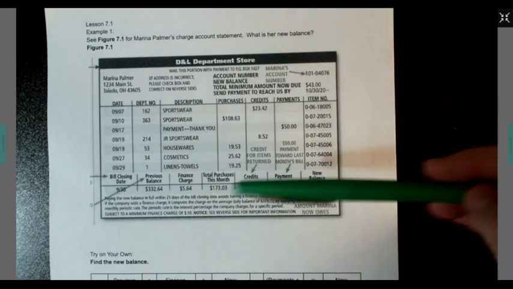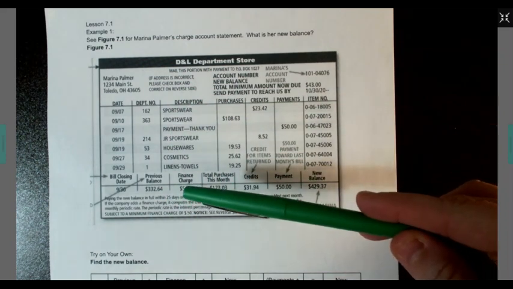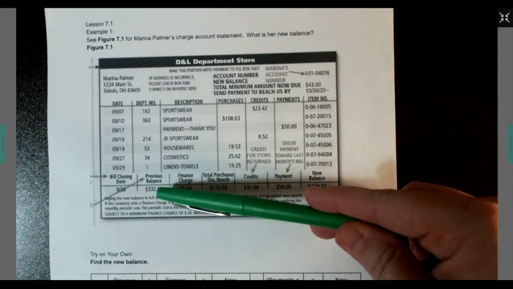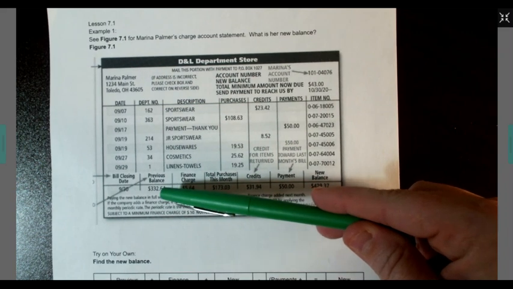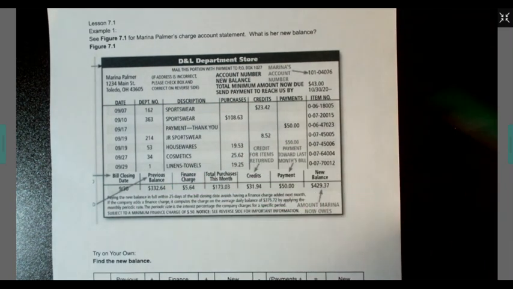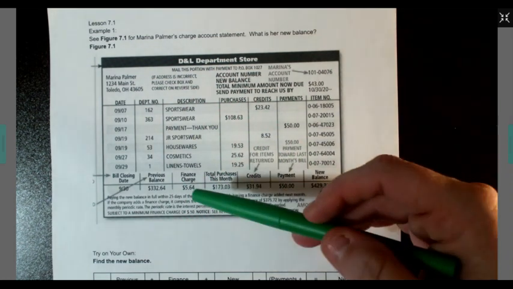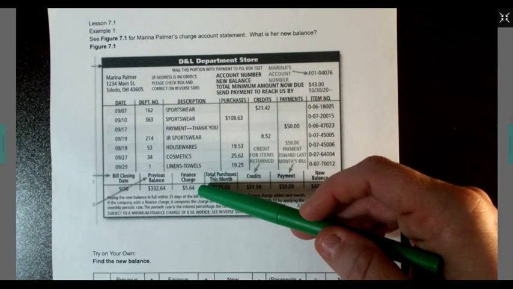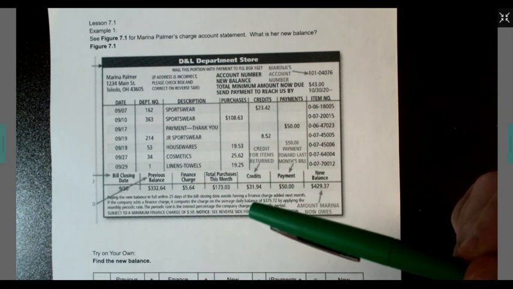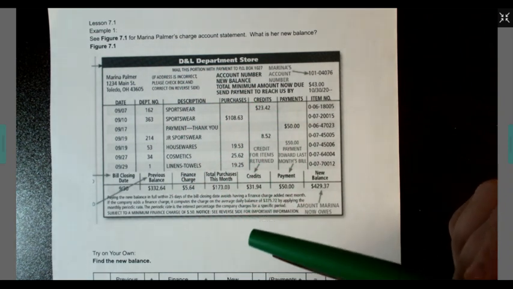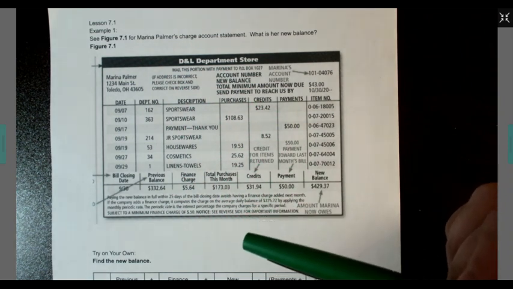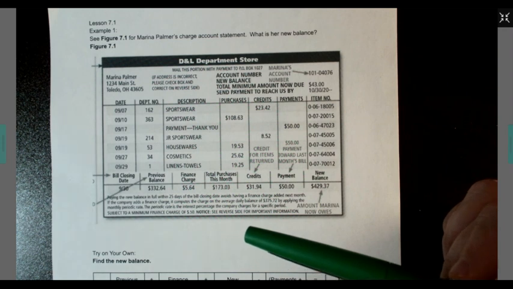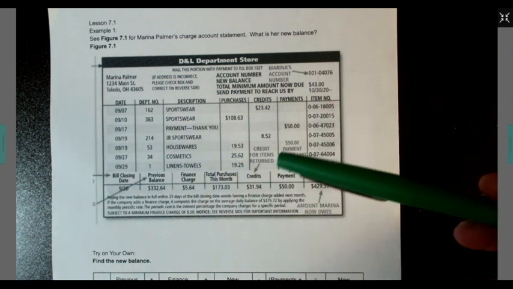Notice that at the bottom down here, it tells us that Marina had a previous balance of $332.64. It says that she was charged $5.64 for the fact that she did not pay her full balance at the end of the last credit month.